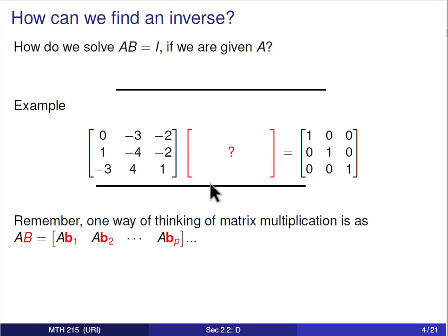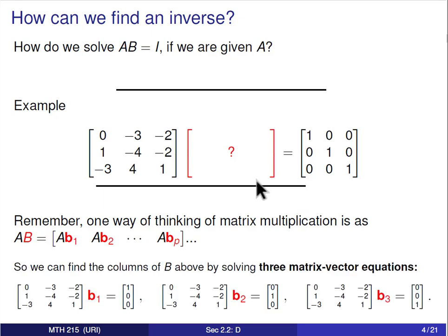We don't know what the first column of B should be, or the second or the third column, but we do know that when you multiply A onto those columns, you get these columns of the identity matrix. And so if we wanted to, we could solve for the columns of B to figure out what B is. I could figure out what the first column of B is by taking the matrix and multiplying it by this unknown vector and setting it equal to the first column on the right-hand side.